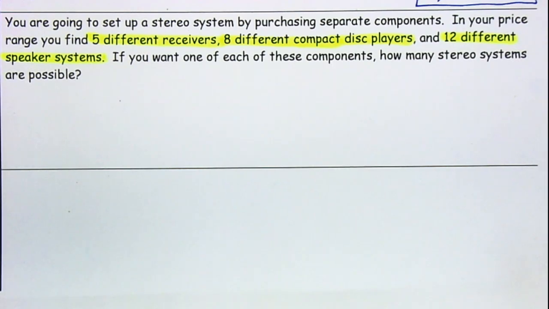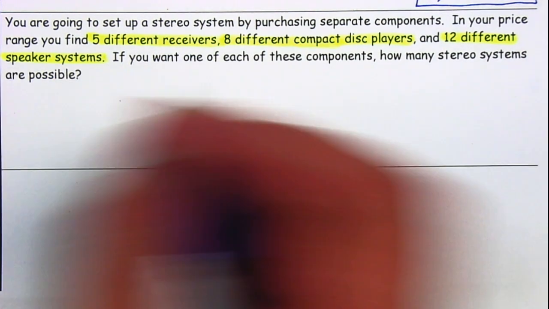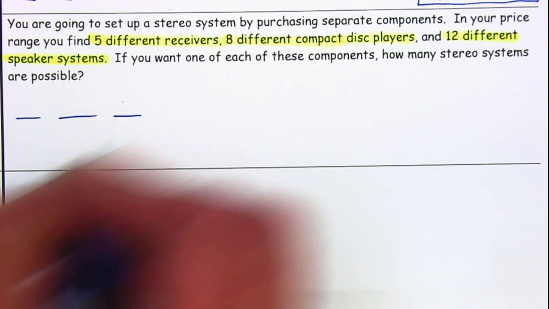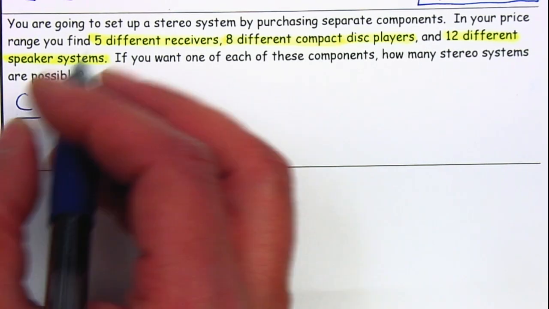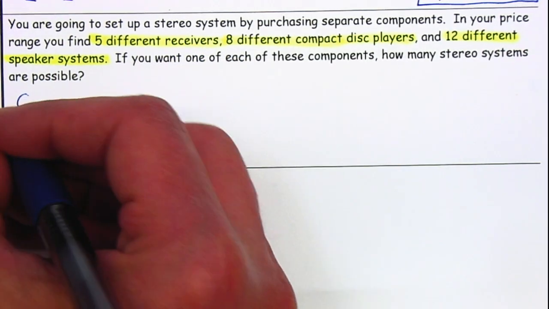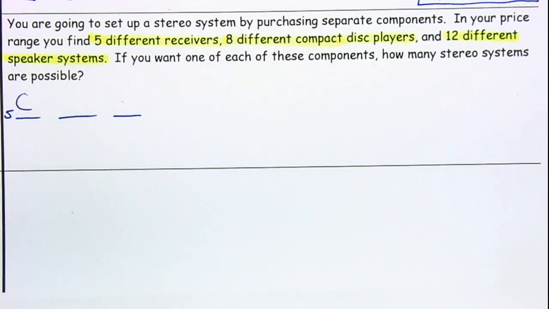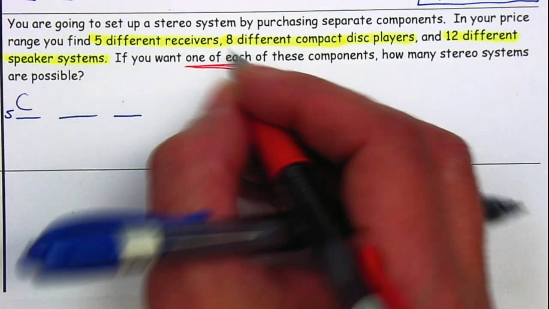So very similar to the previous problem. Instead of 8 different questions, we have 3 different components. How many receivers are available to select from? 5. How many are you going to be selecting? Only 1.